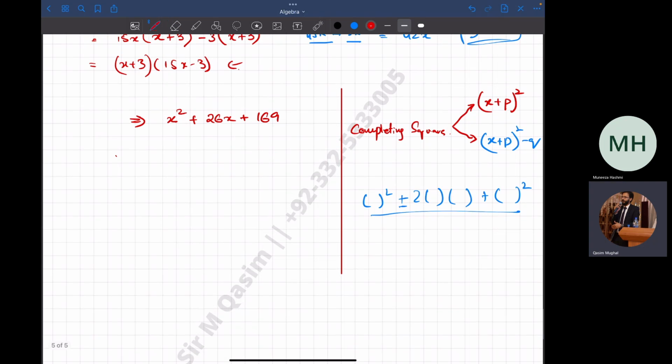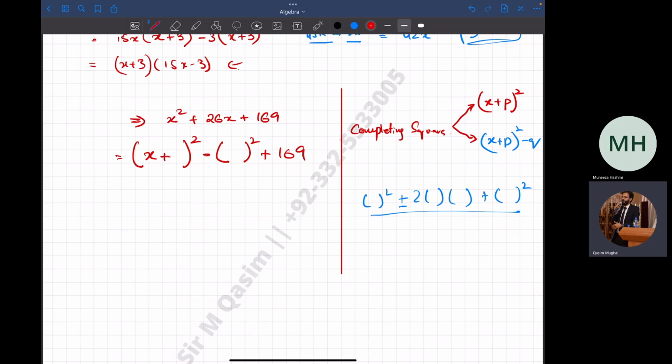So x, copy the sign from here, which is plus. So x plus something whole square minus something whole square. And then whatever you have here, copy it down as it is. So it's plus 169. So I'm going to write plus 169. Now, what is going to come here in the blanks? Whatever you have here, the half of it.